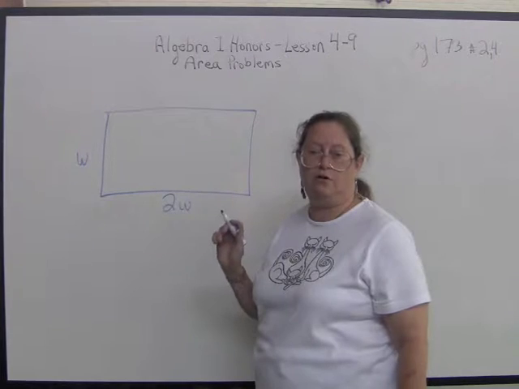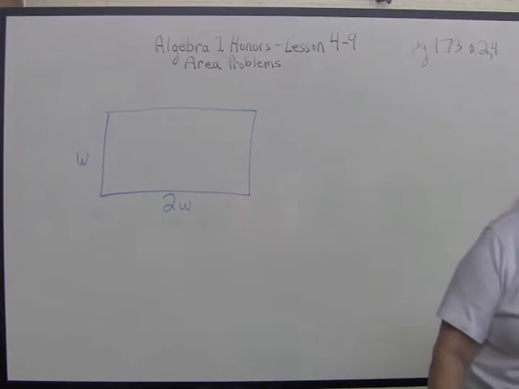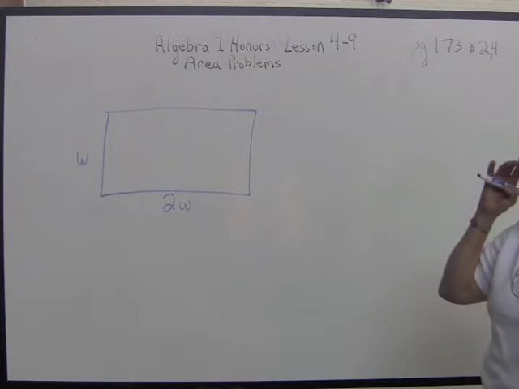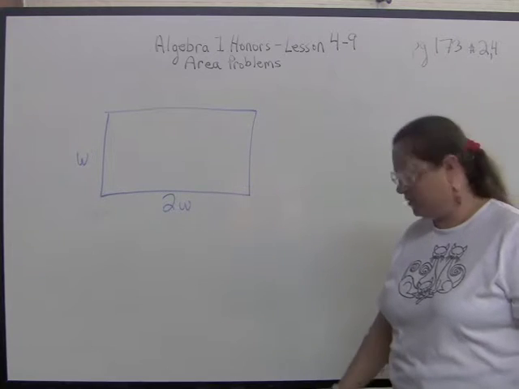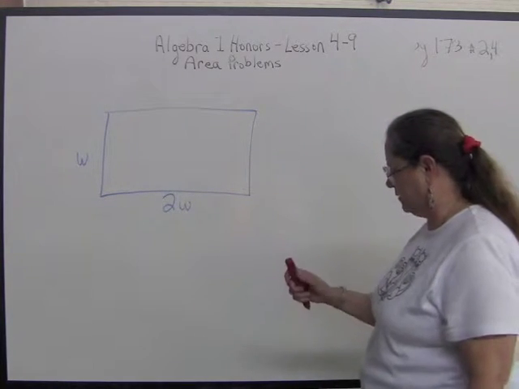It's twice as long as it is wide. That's sentence number 1. Now, we'll read the next sentence. If both its dimensions, so both its length and its width, are increased by 4 meters. Okay, so how do we increase it? That means we're going to have a bigger rectangle around the outside, right?